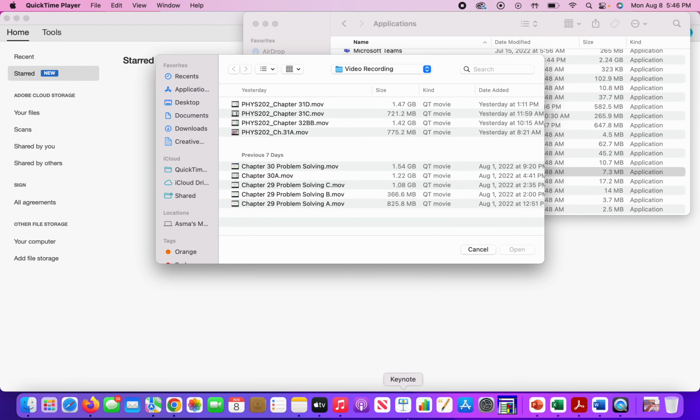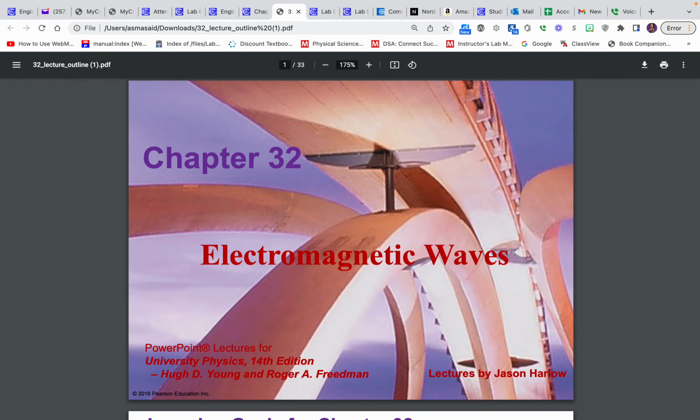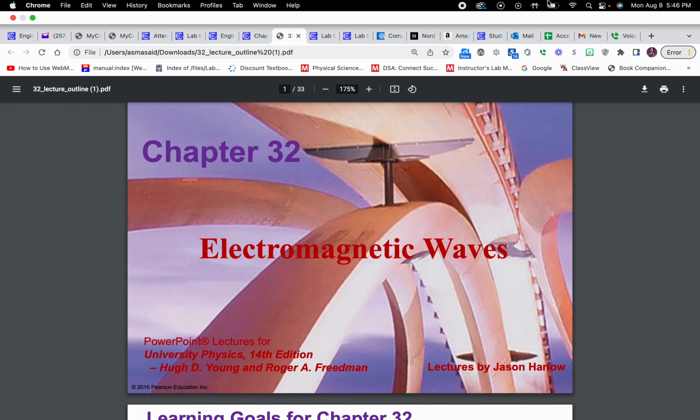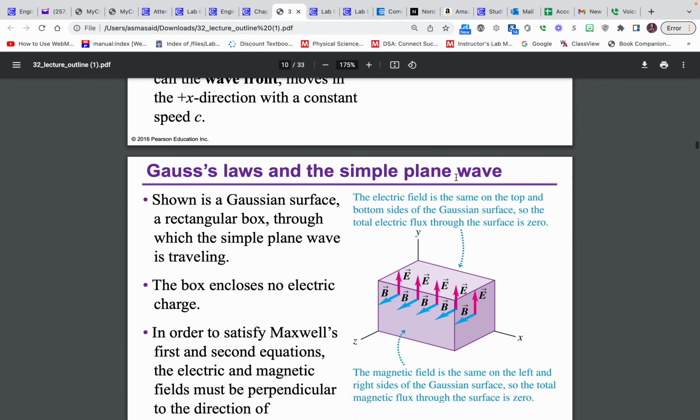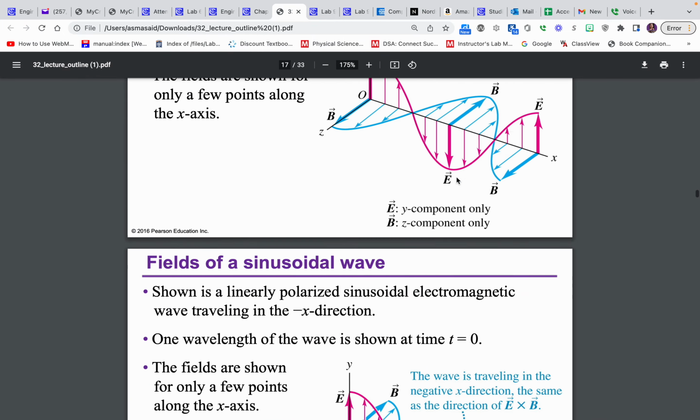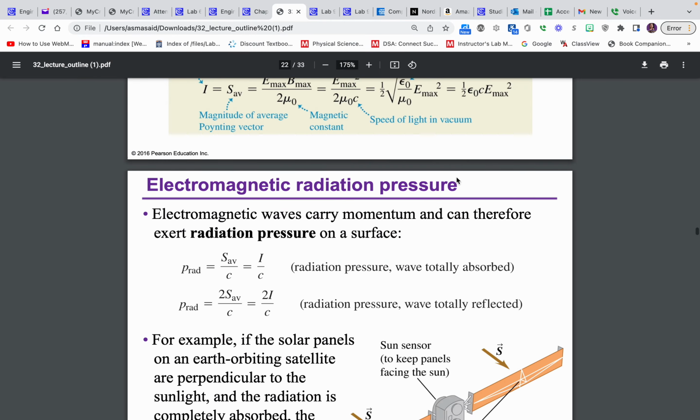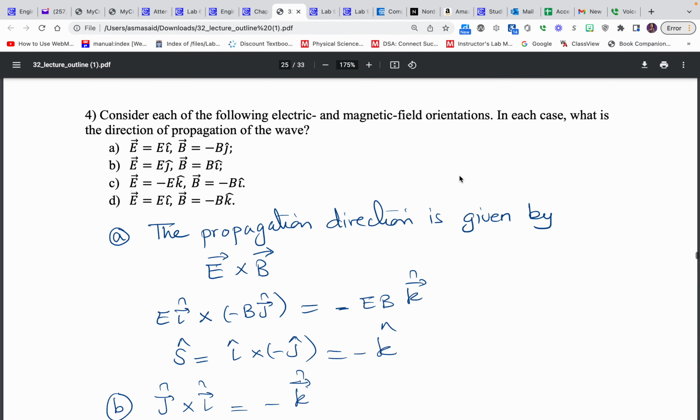Introduce the rest of the chapter, which is really problem solving for chapter 32. Okay, I have introduced all this information, and we're going to solve a couple of problems here.